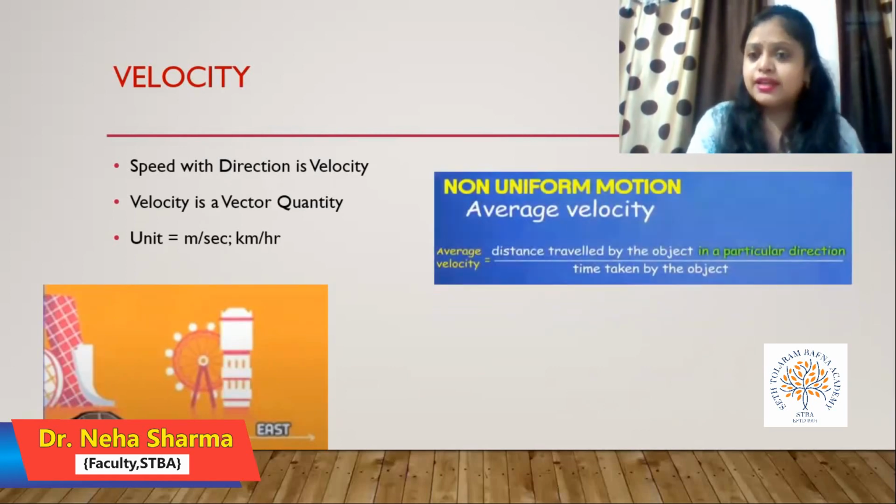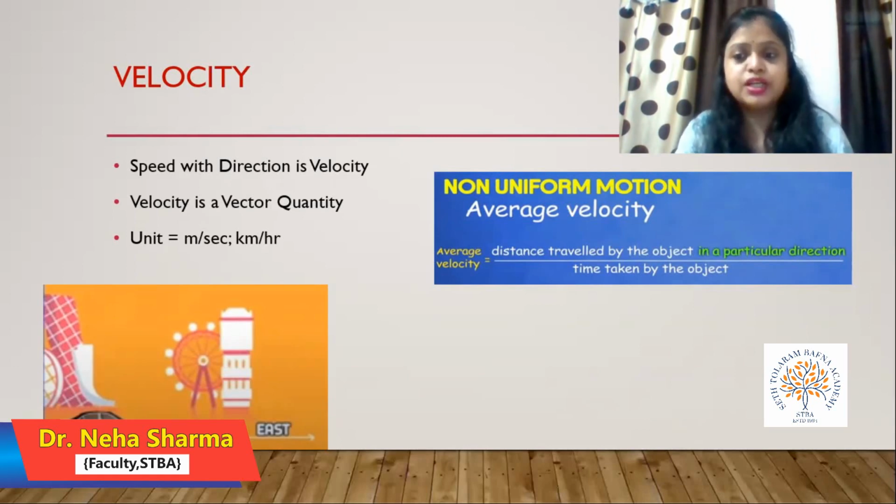As I took a case of non-uniform motion for speed, similarly for a realistic example, I am also taking a case of non-uniform motion while discussing velocity. So velocity is the distance traveled by the object in a particular direction divided by the time taken by the object.